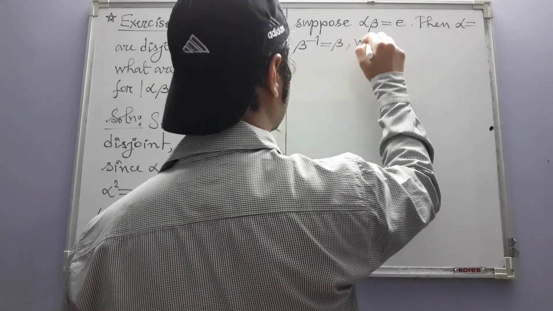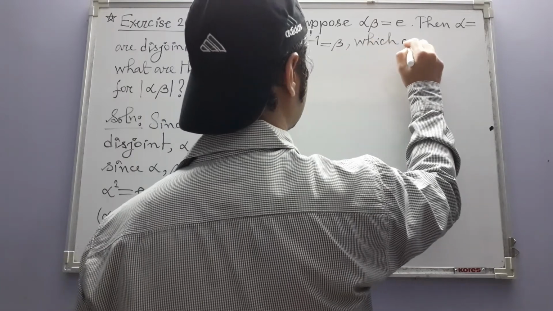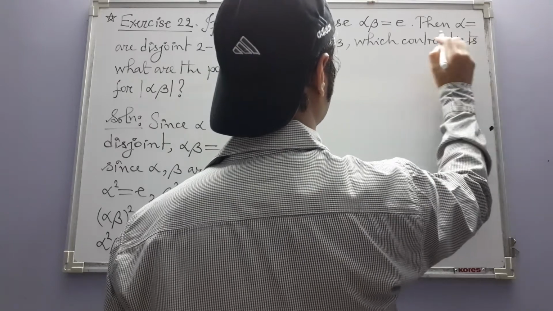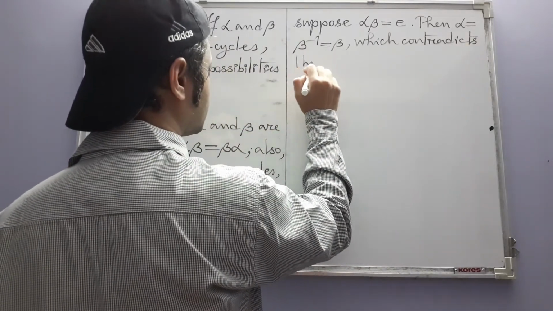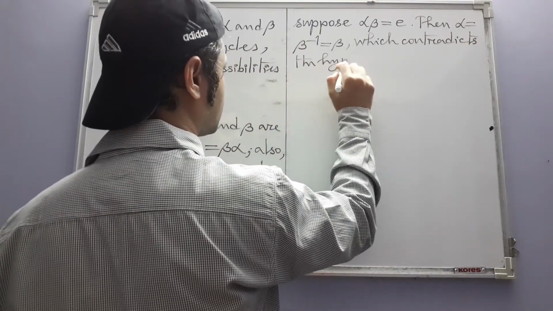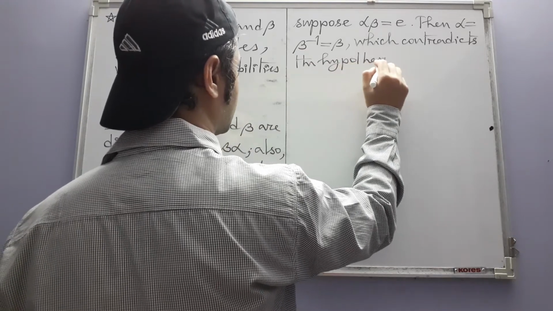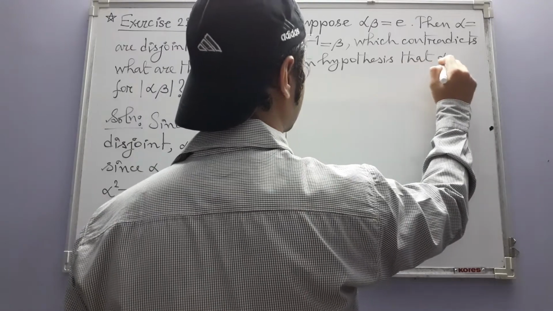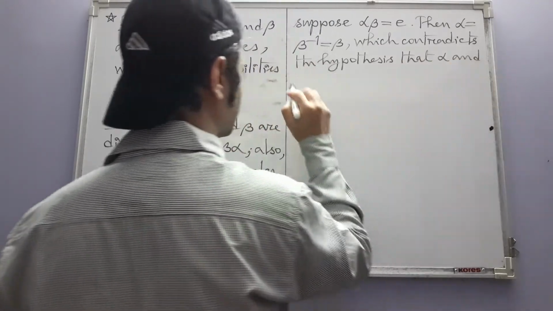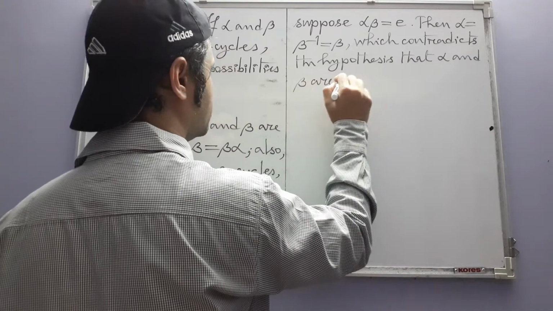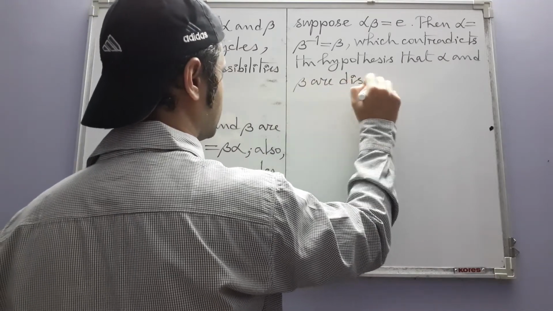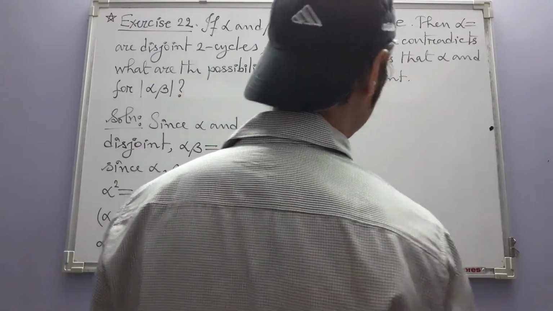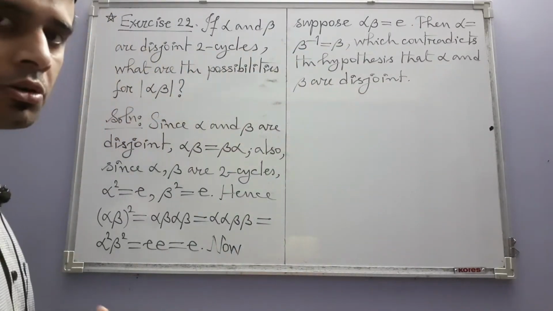which contradicts the hypothesis that alpha and beta are disjoint. They are not just unequal, they are in fact disjoint, which is much stronger than not being equal.